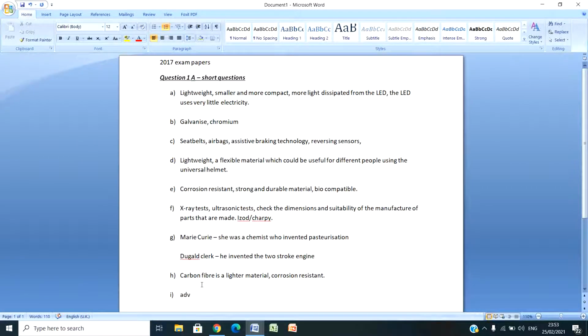Well, the advantage of wireless technology means that you don't need to plug in your phone at a certain access point. So you've got freedom of movement with technology.